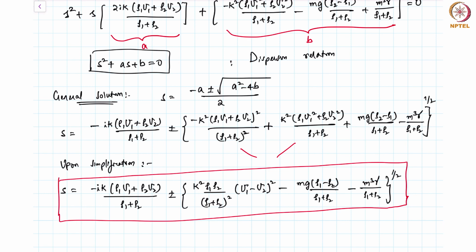And the way we have done this is, if the dispersion relation is s square plus as plus b equal to 0, and we are looking for a simple solution of this for various cases.